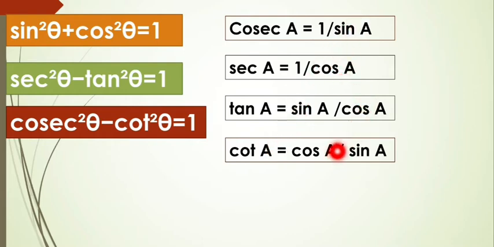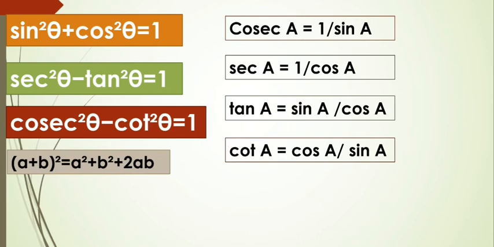If you observe, on the right side we have only sine and cos format. So cosecant A can be converted into 1 by sin A, secant A into 1 by cos A, tan A into sin A by cos A, and cot A into cos A by sin A. That means whenever the equation has the trigonometric ratios on the left side, we can simply convert them in terms of sine and cos. Okay, just remember these formulas.